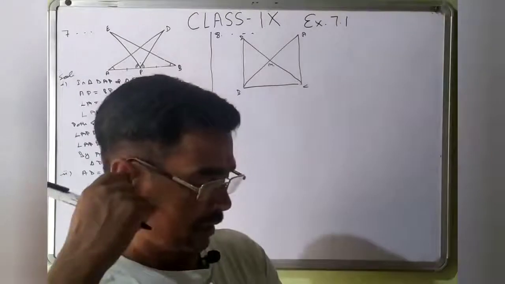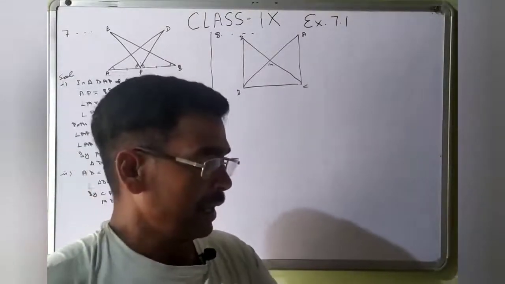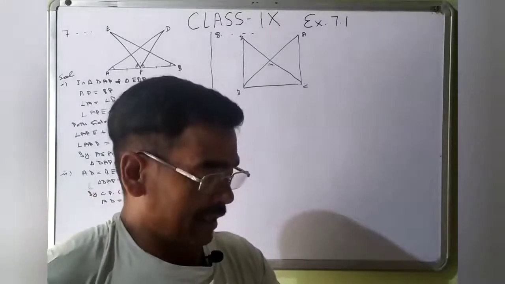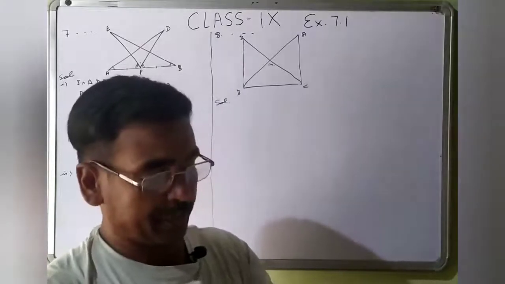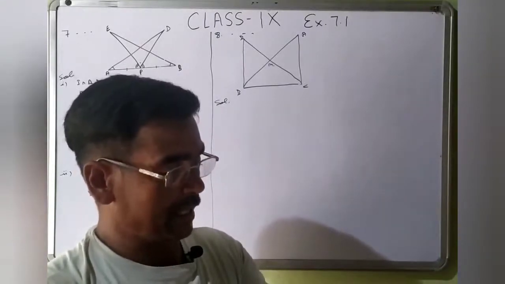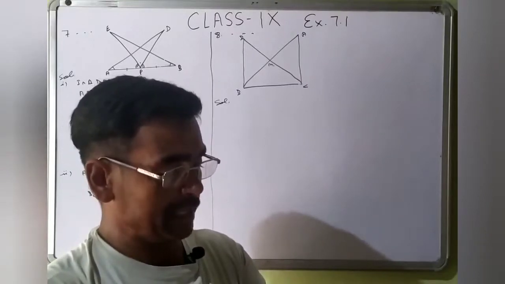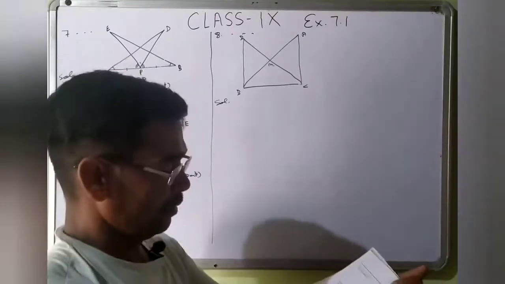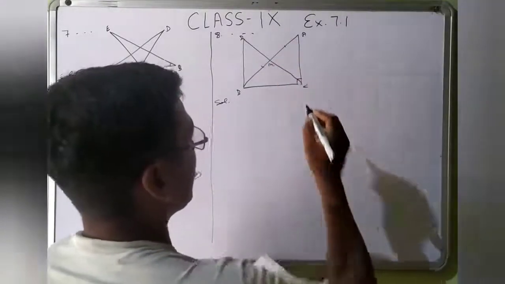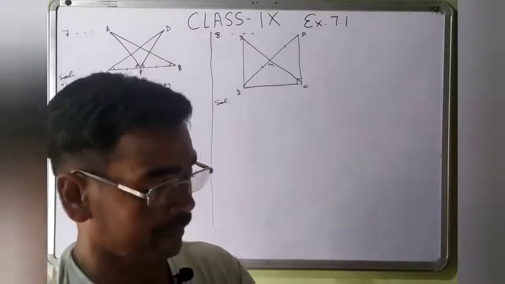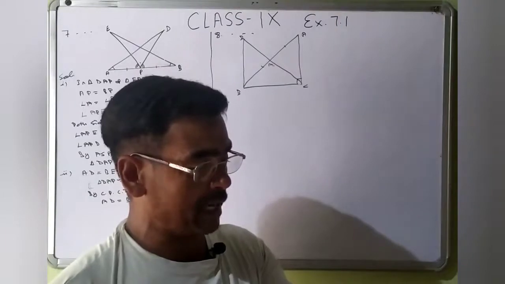Next question, it is a difficult question. In a right triangle ABC, right angled at C. It means angle C is 90 degree. M is a midpoint of AB.